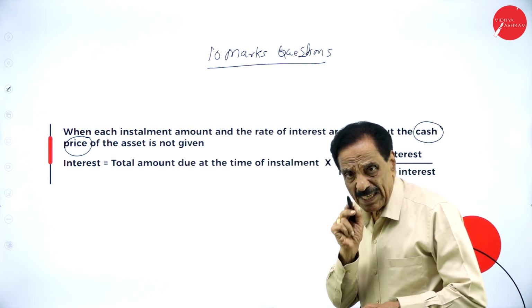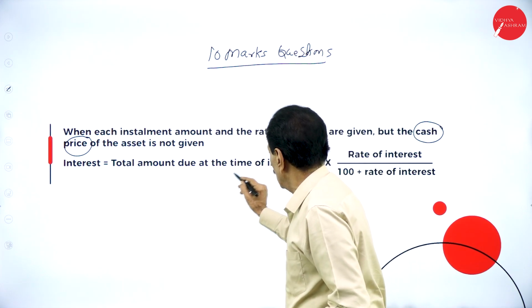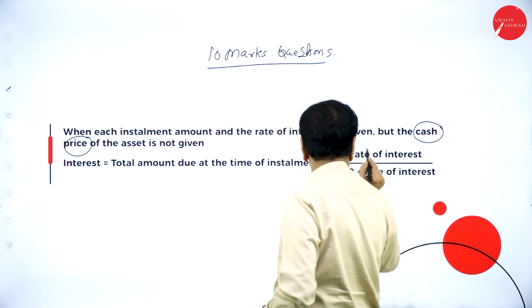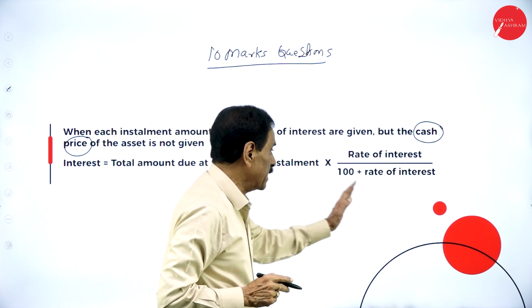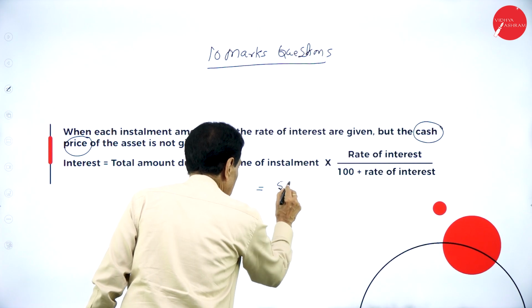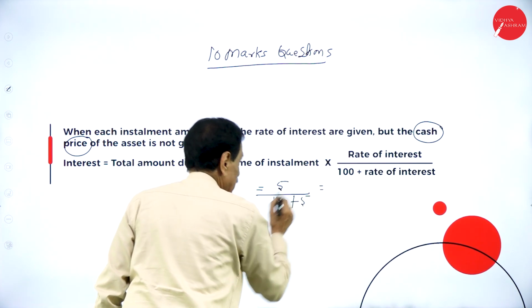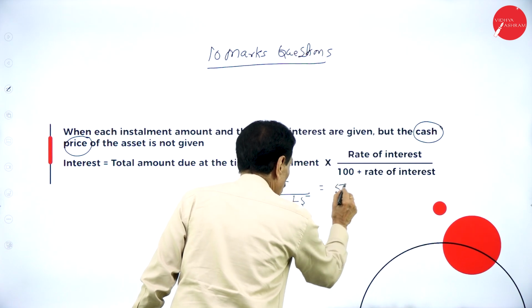So we have to calculate the cash price. First, interest is equal to total amount due at the time of the installment into rate of interest over 100 plus rate of interest. Which is 5%, so it is 5 divided by 100 plus 5. It is nothing but 5 by 105.